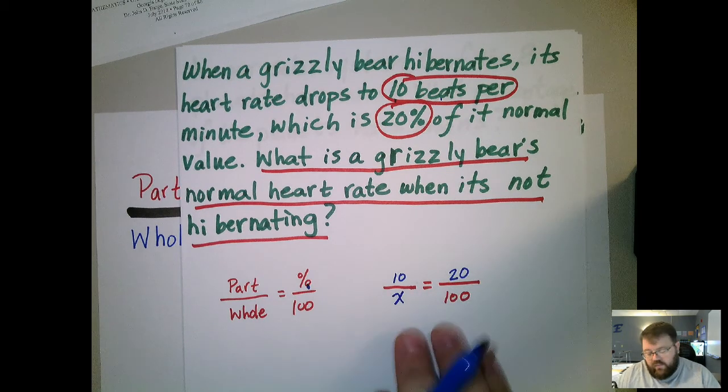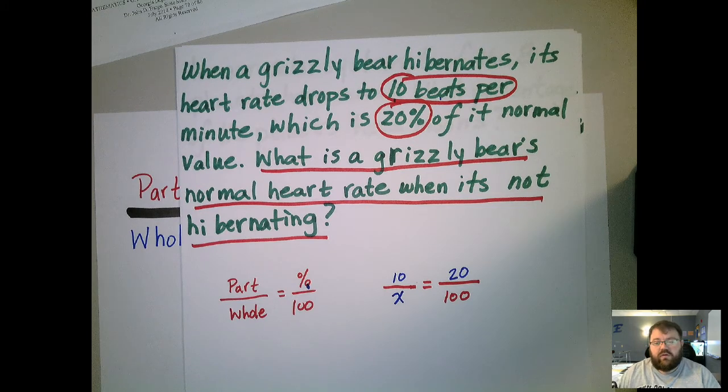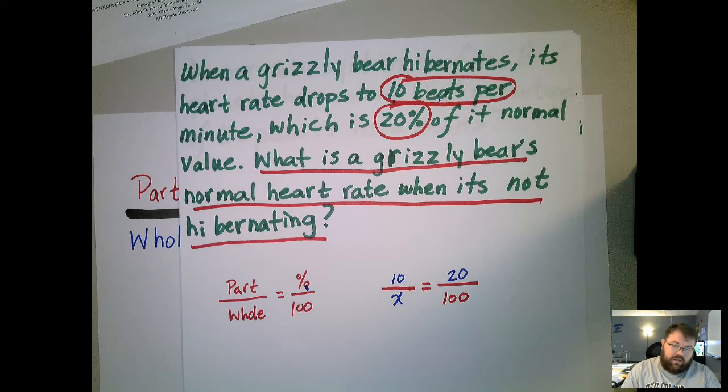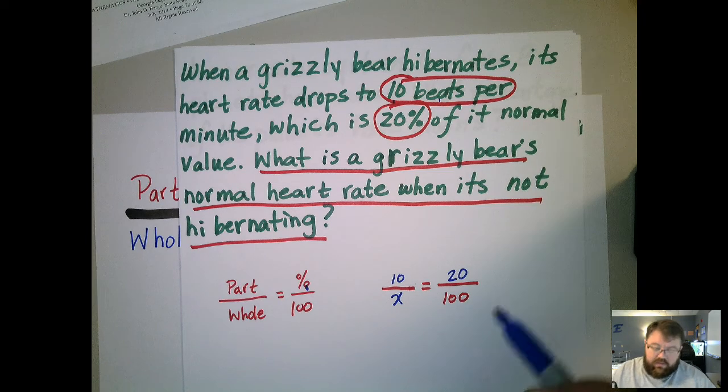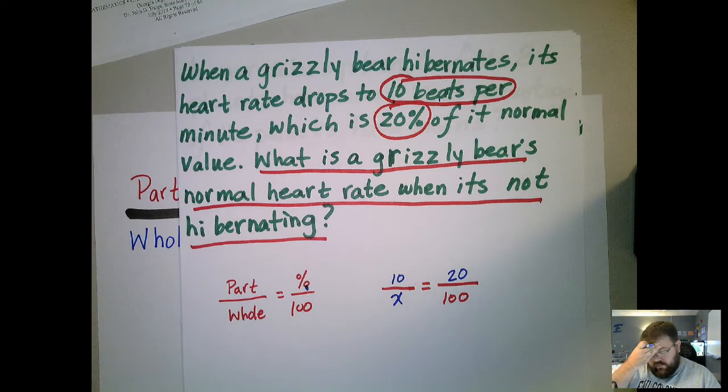Now, once we made it to this point, you should be good. You should know how to solve this at this point based off of last unit's study. So you should have thought, well, we would need to do cross products, or you can do scale factor. Either one is fine.